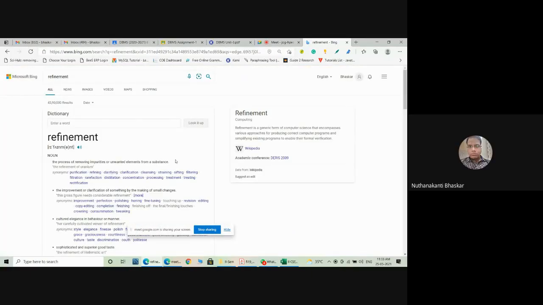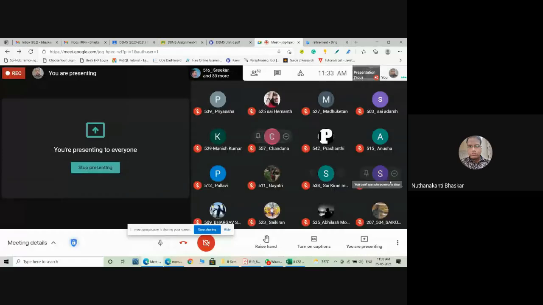Refinement: the process of removing impurities or unwanted elements from substances. 100% right, whatever Abhilash mentioned. Simply, refinement means we have to remove and add whatever things are required.